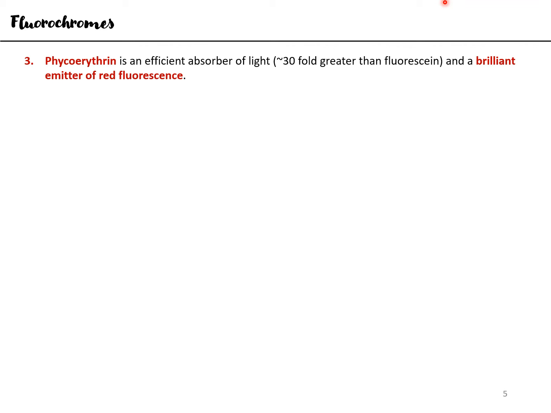That is, what fraction of the absorbed photons is the fluorophore emitting back out. So phycoerythrin is more efficient than fluorescein, and it also emits a brilliant red fluorescence.